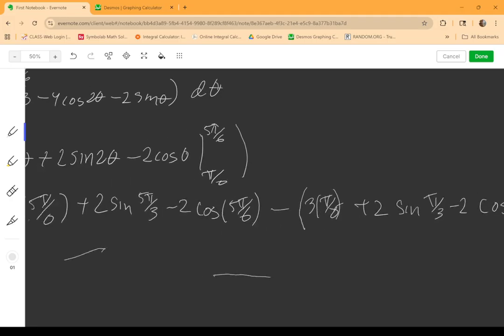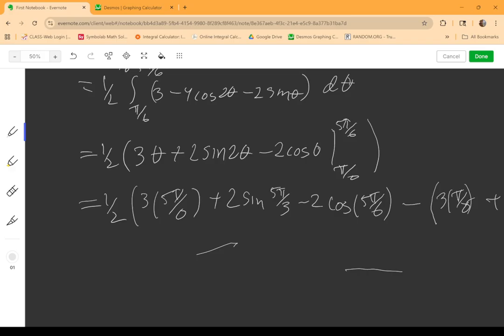So let's simplify here. We're almost there. 1/2 times 5 pi over 2, and sine of 5 pi over 3, that's in quadrant 4, so that's negative 2 root 3 over 2.